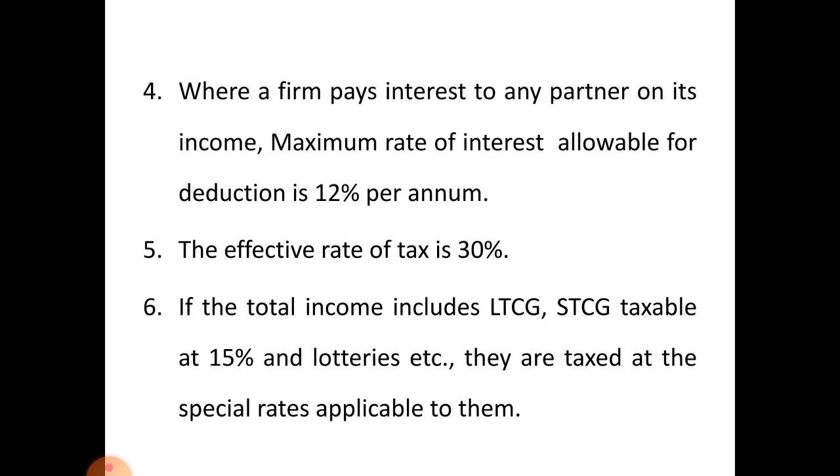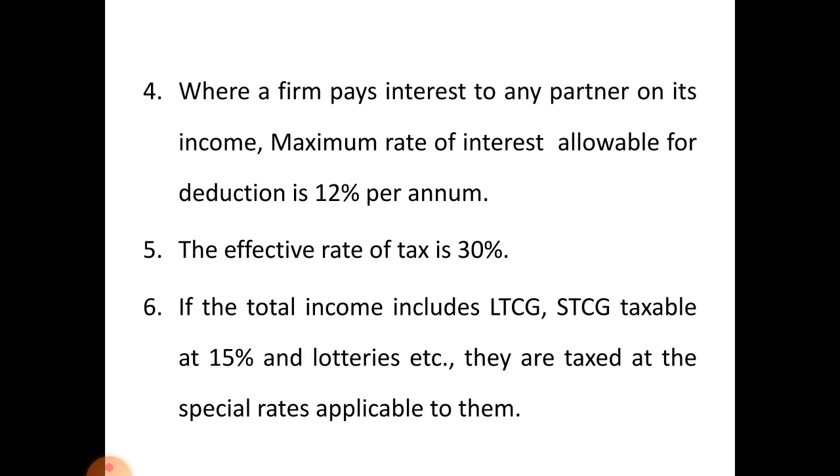Any interest payable to the partner on the income of the firm is allowable to the partners, but for deduction purposes they can claim only up to 12% per annum. If they are paying extra interest to the partners, for example 15% interest per annum, they can claim for deduction only up to 12%.